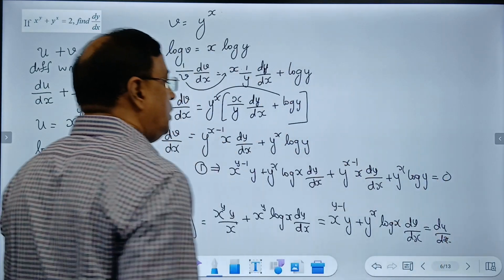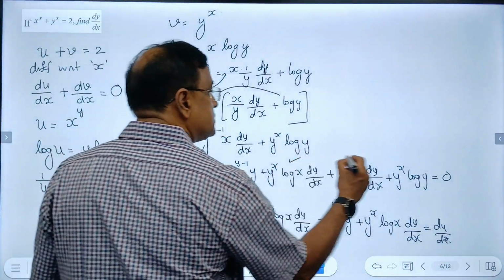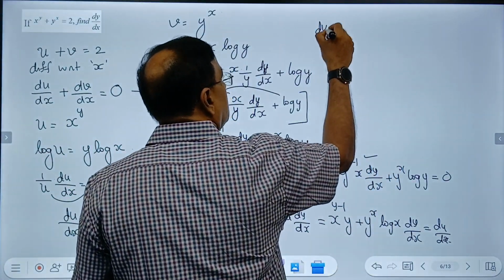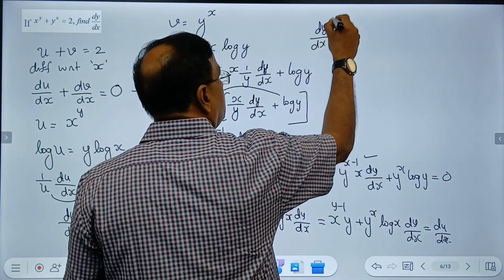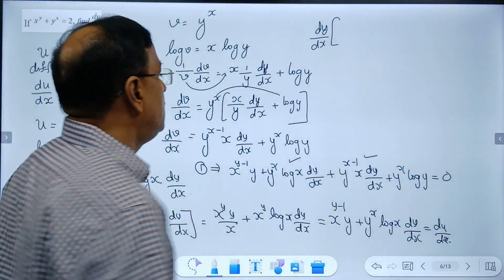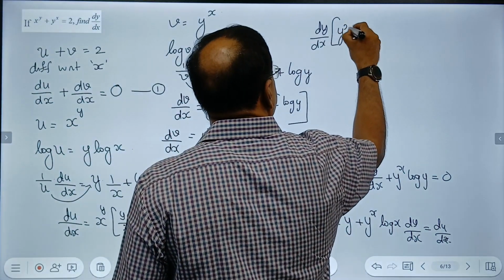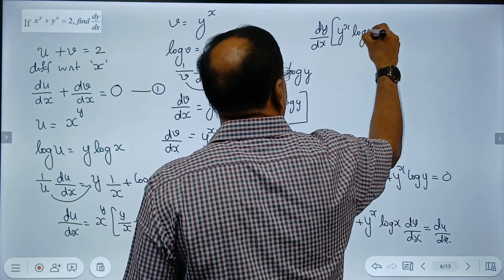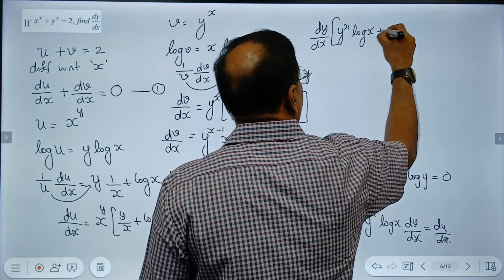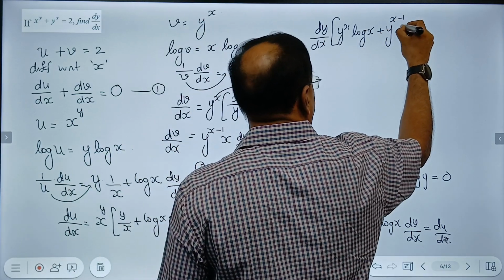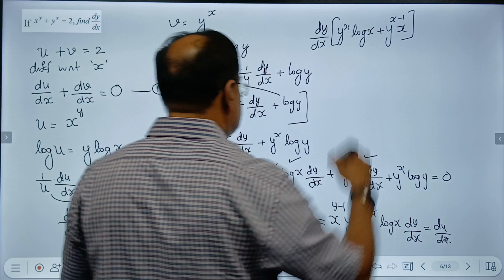equal to 0. Now you can see clearly dy/dx is common, so I will take it out. If you take dy/dx common, what do you get? x^y log x plus y^(x-1) into x. I'm just grouping these two.